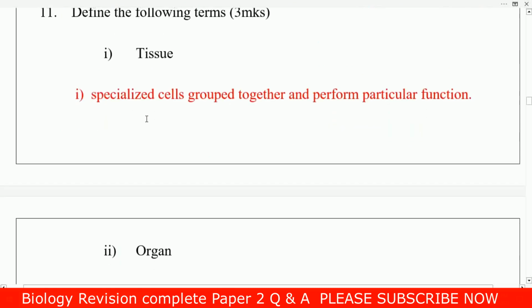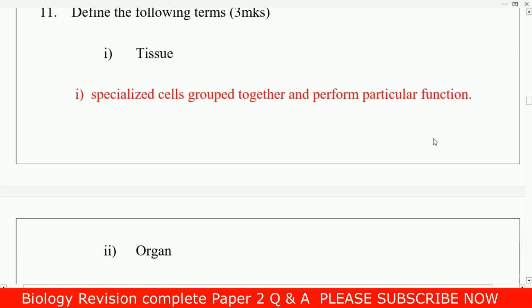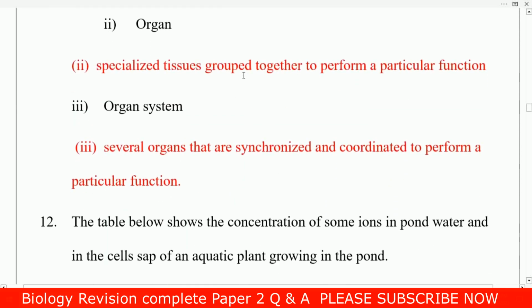Let's go to question number 11. You are to define the following terms. A tissue. What is a tissue? A tissue is specialized cells grouped together to perform a particular function. What is an organ? An organ is specialized tissues grouped together to perform a particular function.